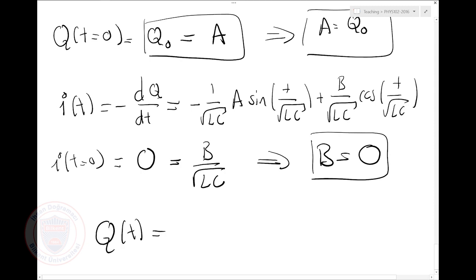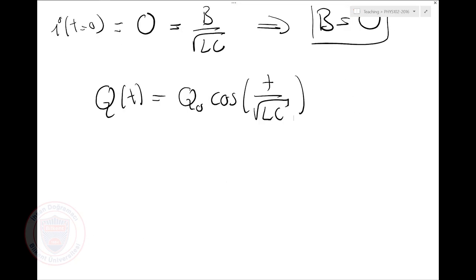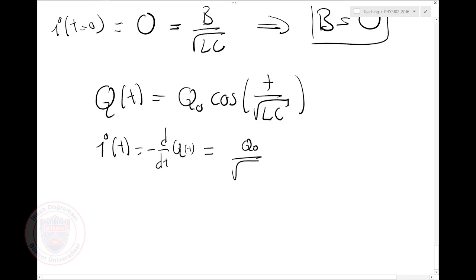Oh, that's great. So now I've actually found what Q of t is. A is Q0, so Q of t is Q0 cosine t over square root of LC. Now that I'm here, I can also write the current, which is just going to be minus d by dt of Q. So it's going to be Q0 divided by square root of LC sine t over square root of LC.